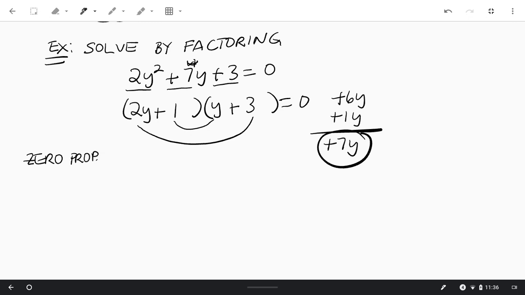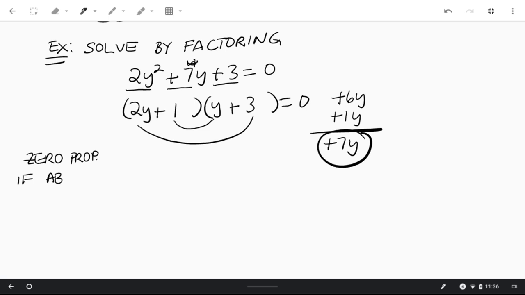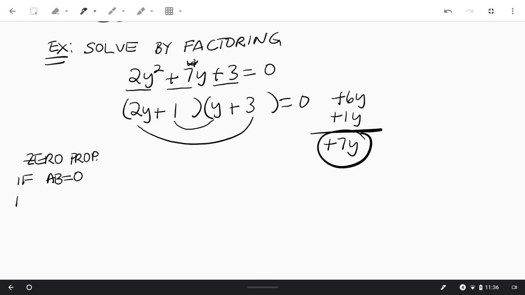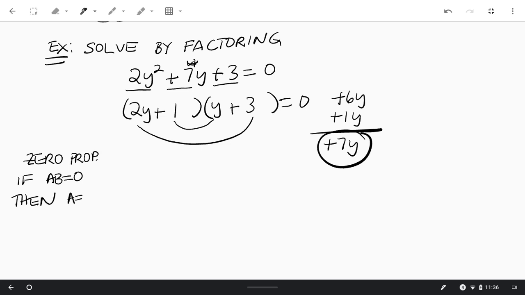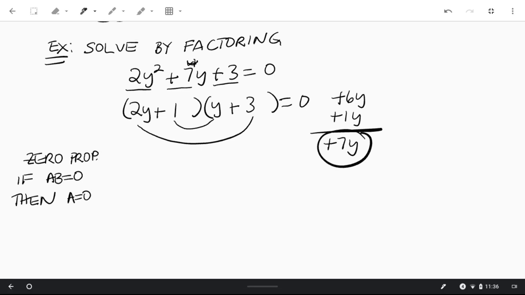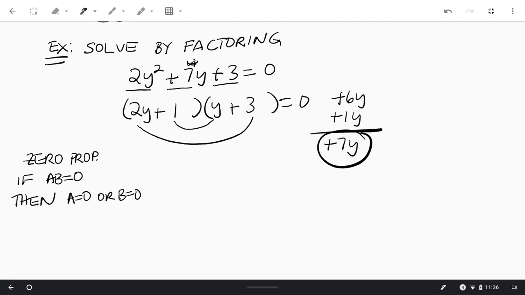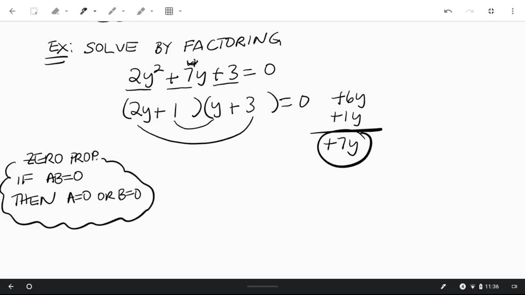The zero property states that if something times something equals zero, and it's kind of obvious, right? If A times B equals zero, then one of those has to be zero. So either A is zero or B is zero, or maybe both of them are zero.